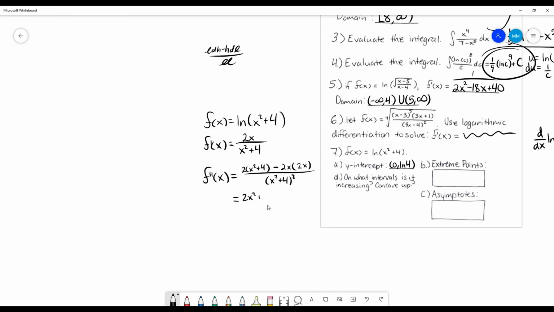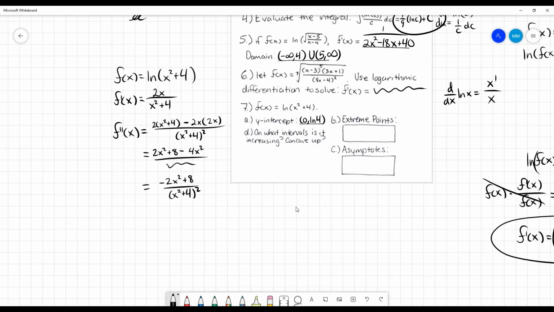So it's 2x squared plus 8 minus 4x squared over all of that, which is then negative 2x squared plus 8 over x squared plus 4 squared. And that's how I'm going to leave that for now.